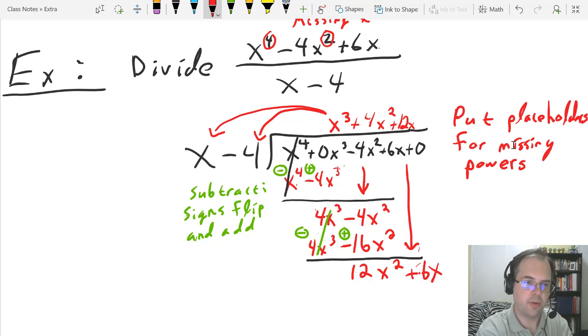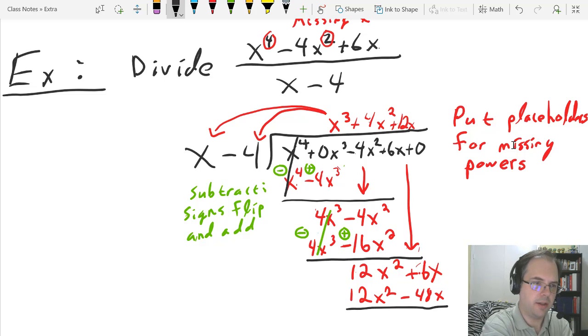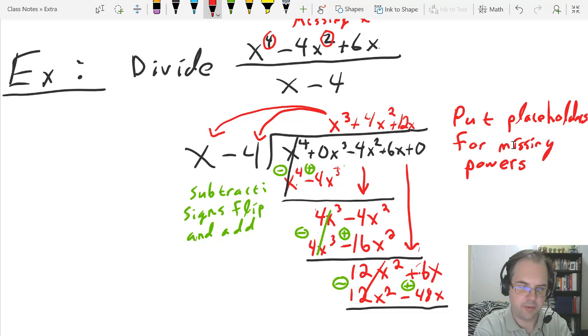Okay, and so the 12x times x gives us 12x squared. 12x times negative 4 is negative 48x. All right, and then again signs flip, negative and positive, and then we add together. These will cancel and we'll be left with 48 plus 6x to get 54x.